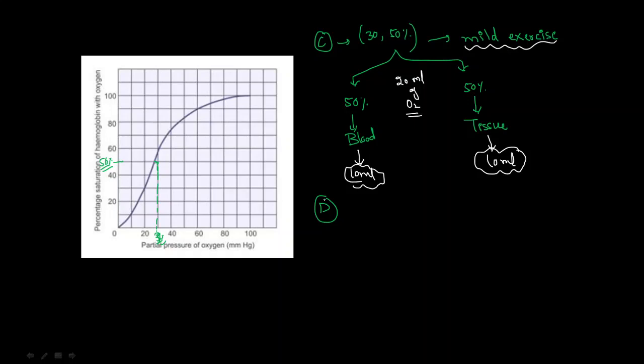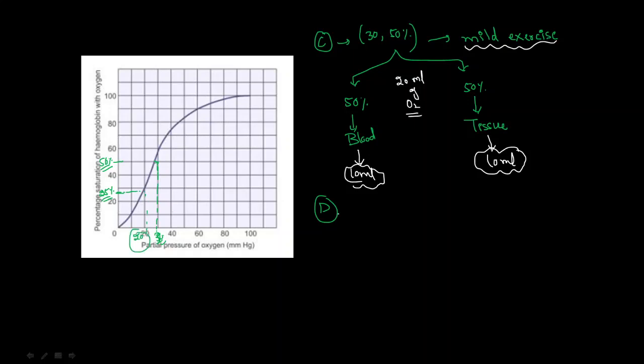At that time, when your body is doing a lot of activity, 25% of hemoglobin will remain saturated with oxygen, and it will happen when the partial pressure of oxygen is around 20. So it will come here, 20, right?